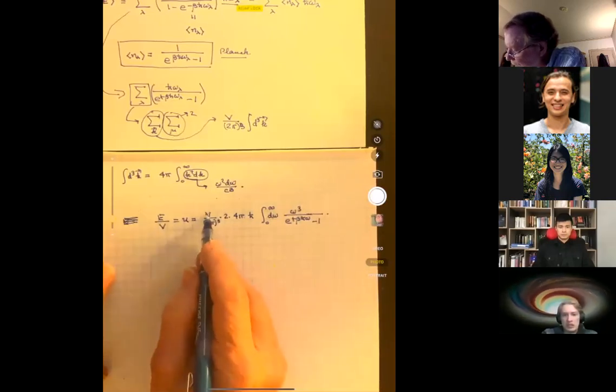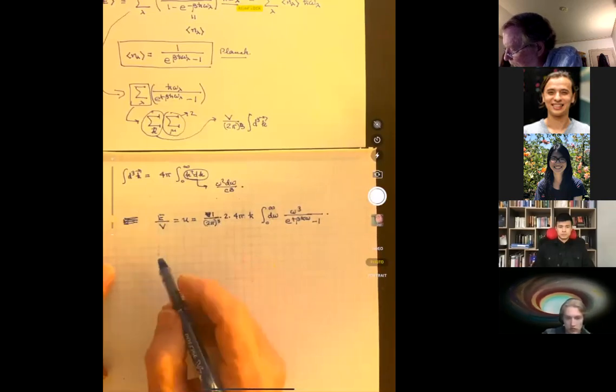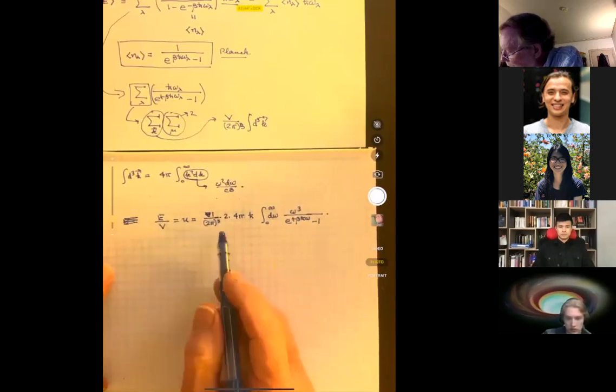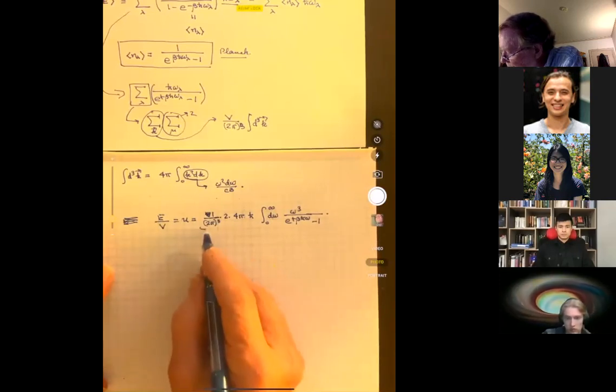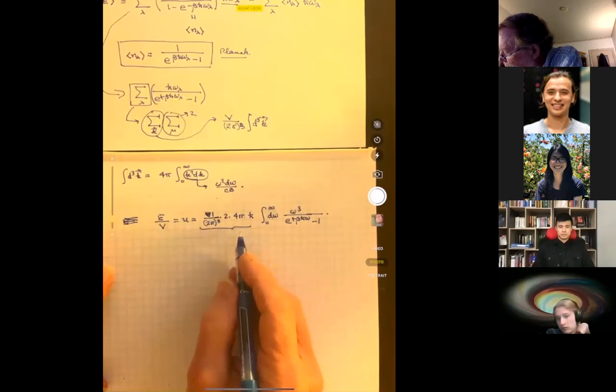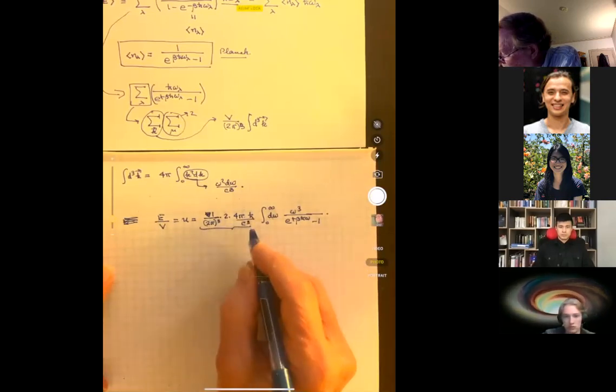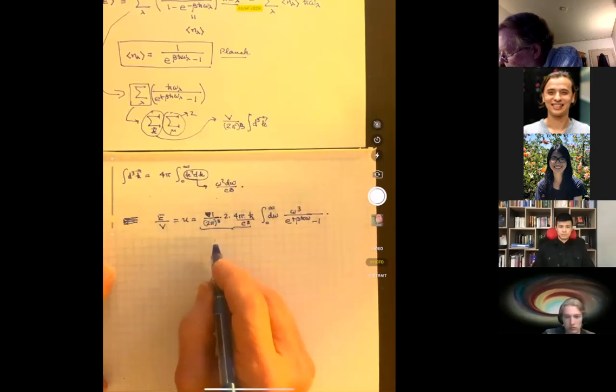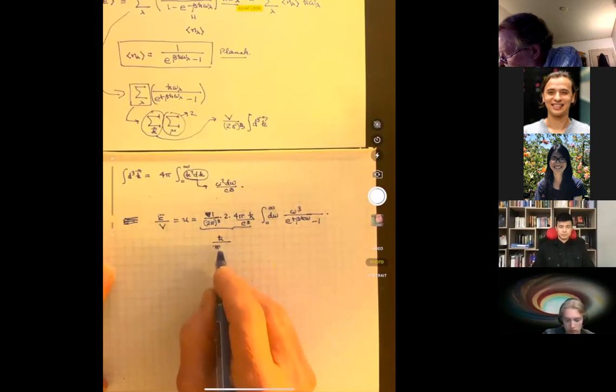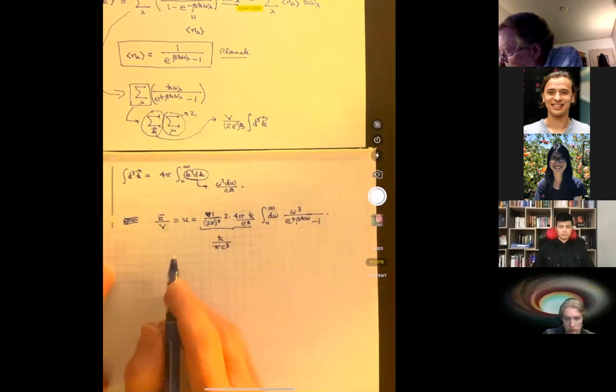I should have left the volume out because I divided by the volume. All right, so we can clean this up. There's a 1 over c cubed that came in here too. So this factor turns into h bar over pi squared c cubed, if I did that right.